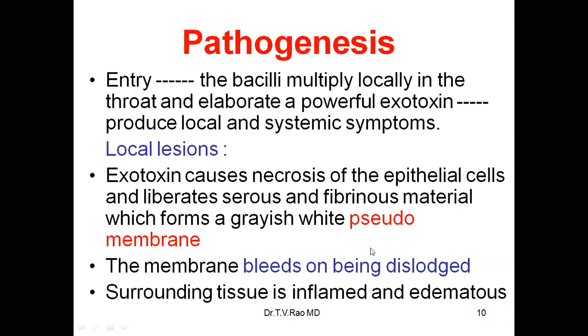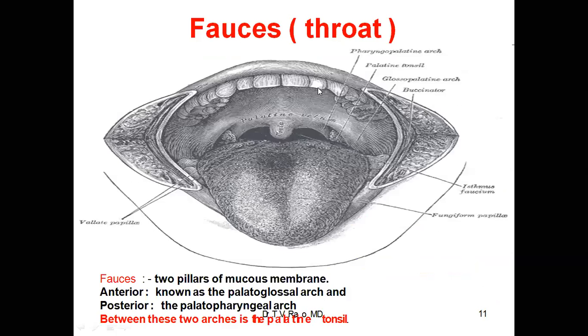So how will this get affected? This is an example, you can see here. This was entering inside the throat. You can see this area. This is the palatine, or we can say the uvula. This particular area is called the fauces, the arch. Here you can see the formation of two arches.